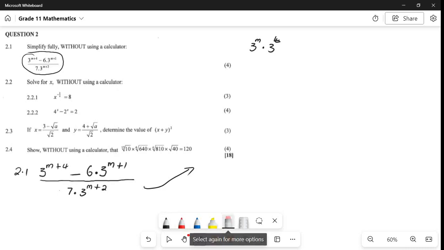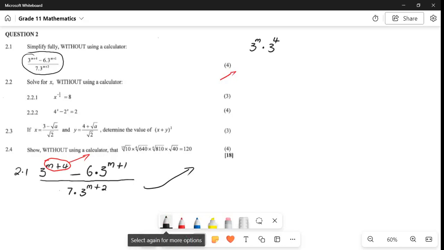We know that when we've got the same bases, then we add the exponents, and the exponents were added here. That's where it's coming from.